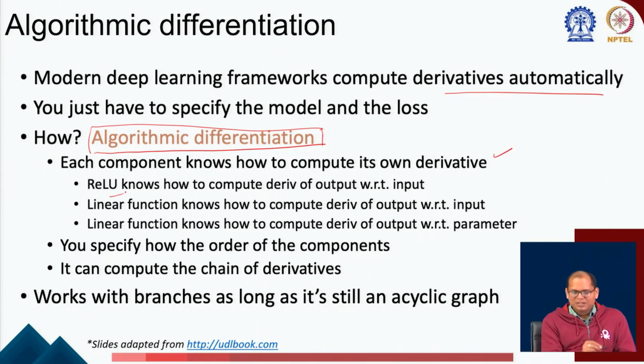Like ReLU knows how to compute the derivative of output with respect to input, as we saw with the indicator function. Any linear function knows how to compute the derivative of output with respect to input and with respect to parameters. So we just specify the order of the components, the forward pass, and algorithmic differentiation has built in the backward propagation by taking the chain of derivatives. Even if you have branches, it does not matter as long as there are no cycles. For any acyclic graph, you can easily code this.